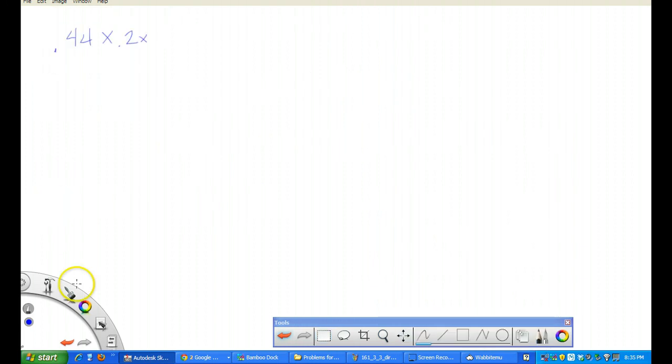Meaning that we're taking the original amount we started with, 44 cents, for just a regular old stamp, and you add to it 0.2x. This is a line.